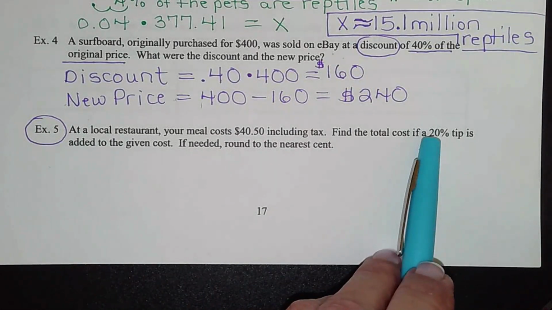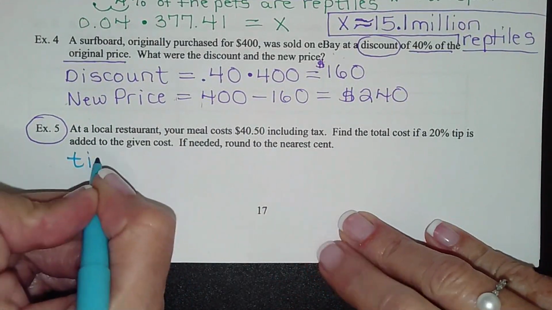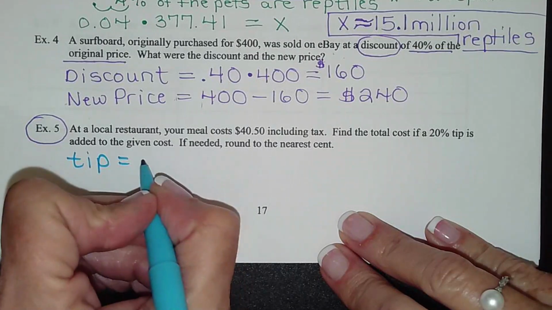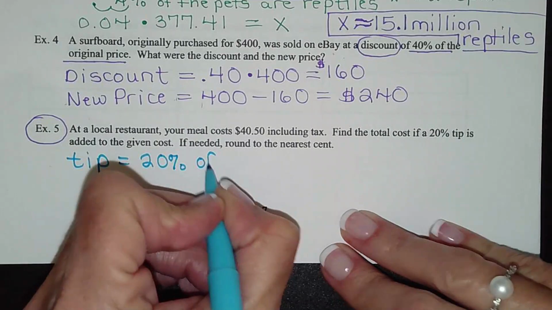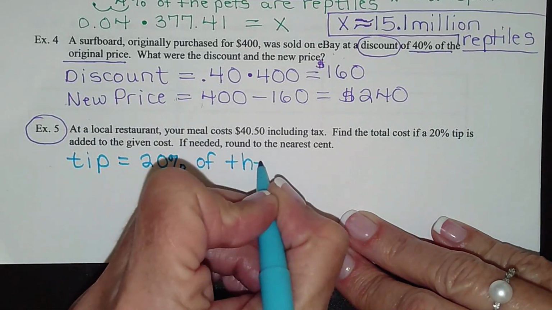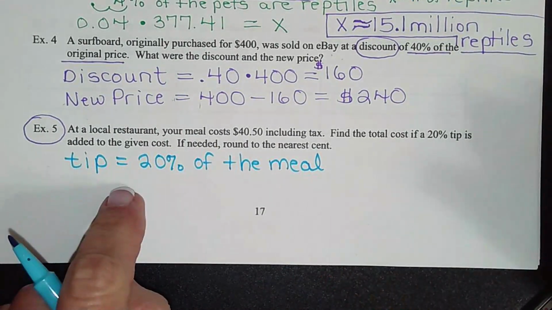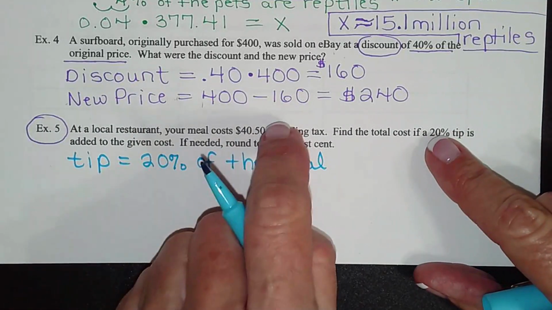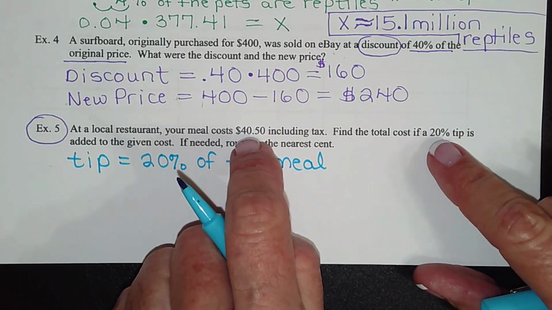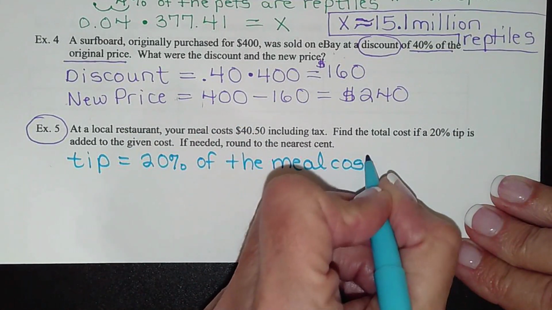Okay, so you have to understand when you're doing a tip, it is, in this case, 20% of the meal. Right? Because you can't just say 20%. It has to be 20% of something, and it's 20% of the meal cost, I guess I should say.